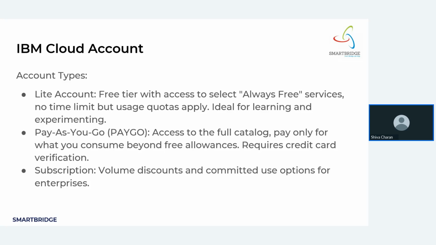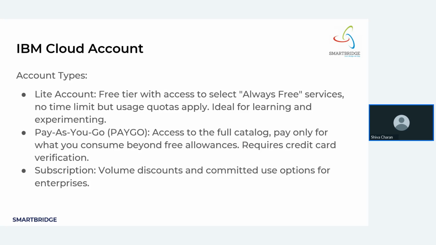If we want a particular service, we can go for a pay-as-you-go format, or a subscription format. Pay as you go is nothing but access to the full catalog. Pay only for what you consume beyond free allowances. Once you have crossed that free limit, then you will be charged.